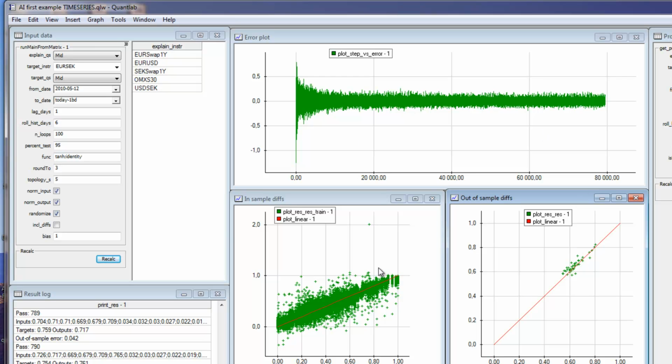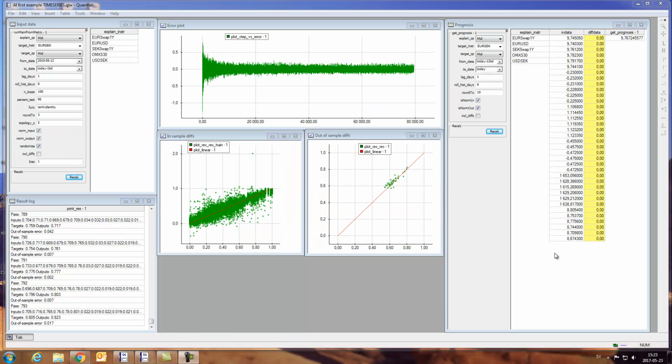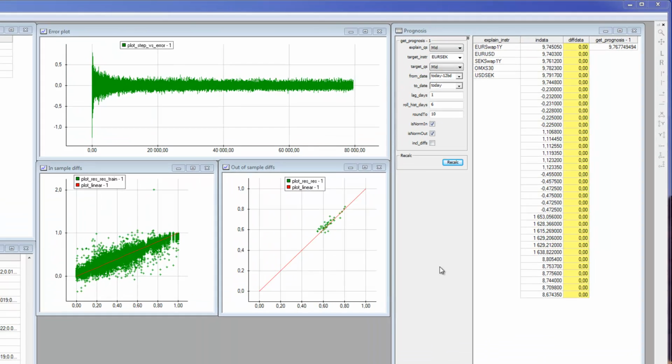With this network trained, and assuming that the out of sample is affirming our notion that this is a correctly trained example, we can now get on with predicting something.